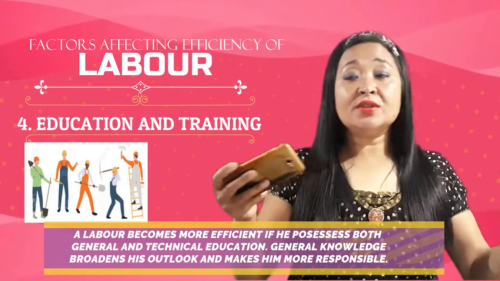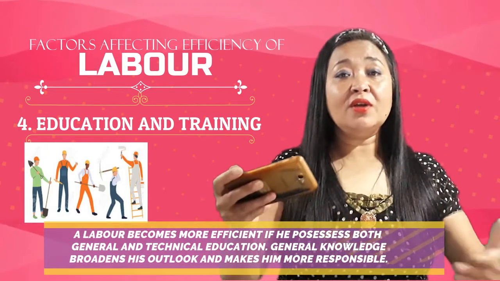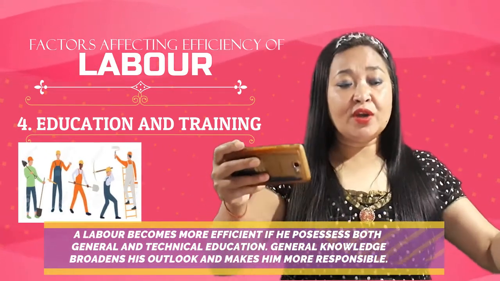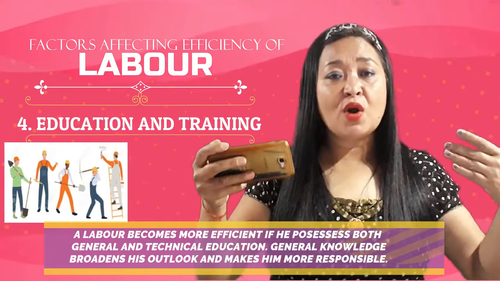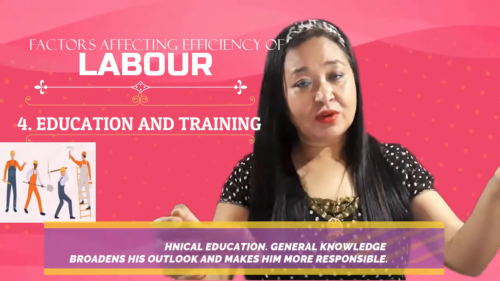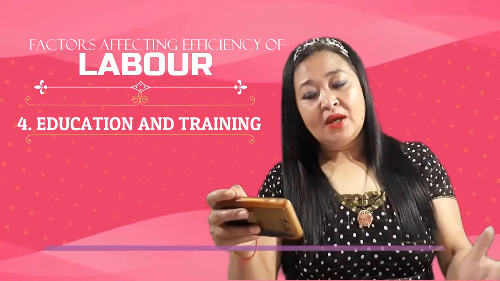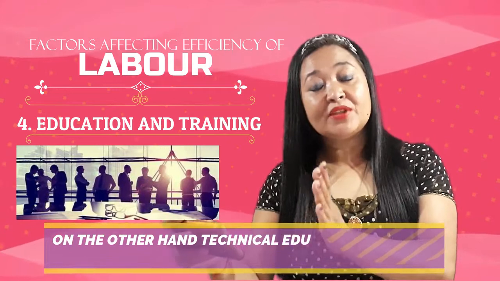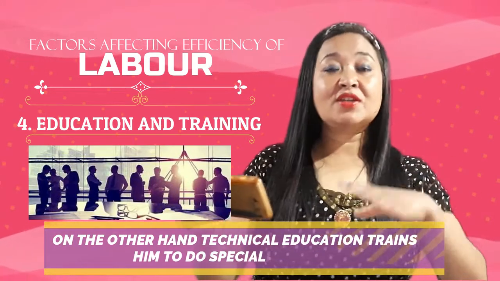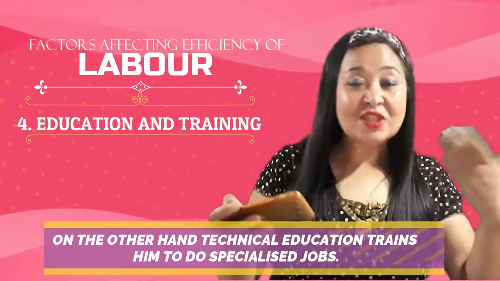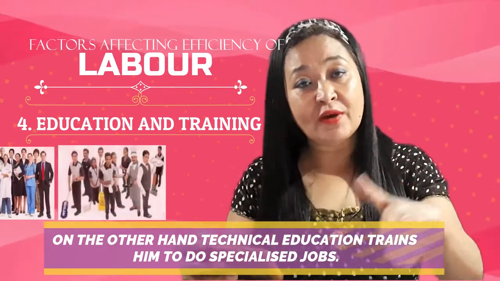Okay, if you possess general education, the advantage is that it broadens your outlook and makes you more responsible. On the other hand, technical education trains you to be specialized in your particular field of work.